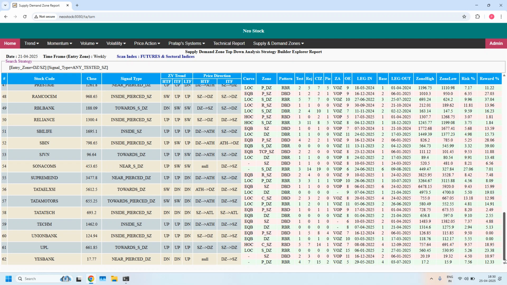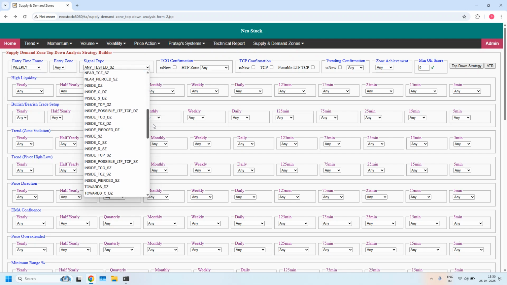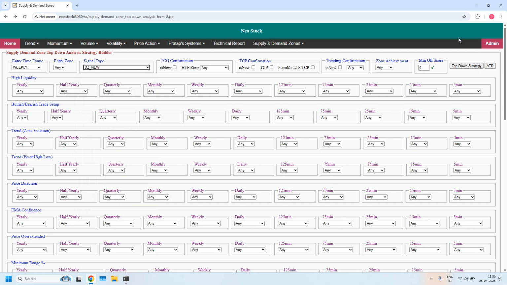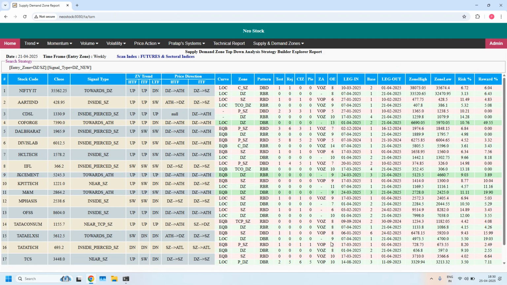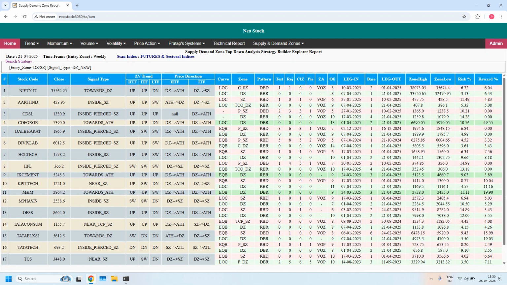Next we will look into newly created zones. That tells the strength in the market during this week. Next, weekly time frame. Let us find the stocks having newly created weekly demand zones. Total 19 stocks are having newly created weekly demand zones.